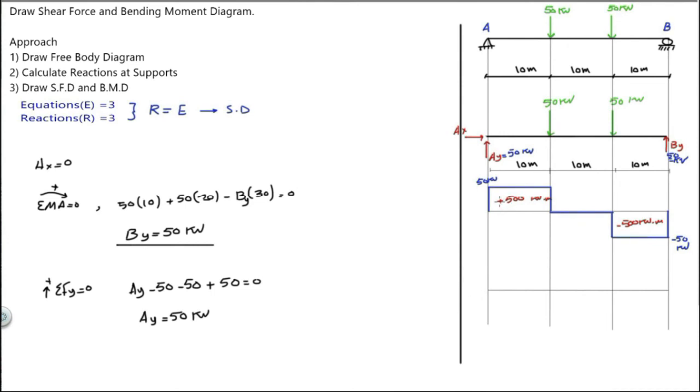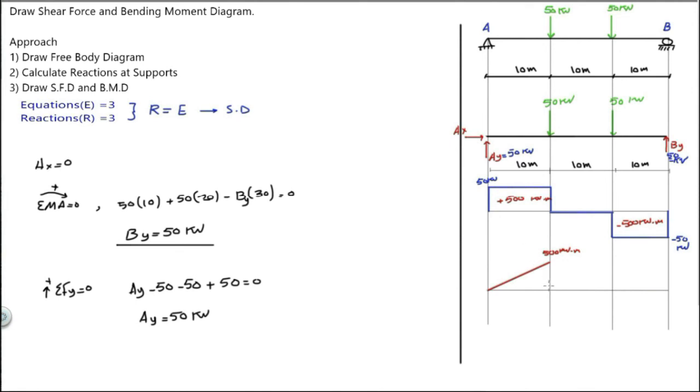When you see a positive sign and a rectangle, you need to know that you will go up with a slope by 500 kilonewton meter.